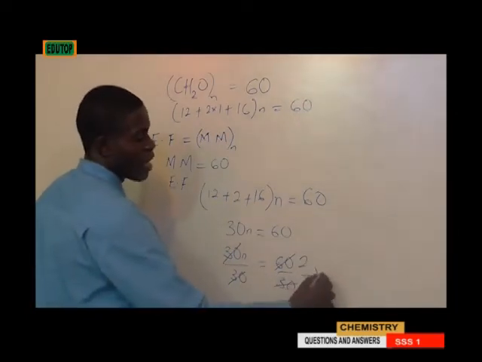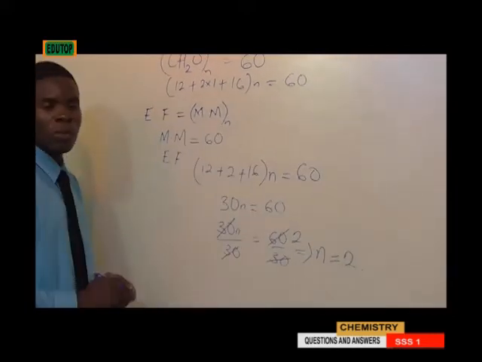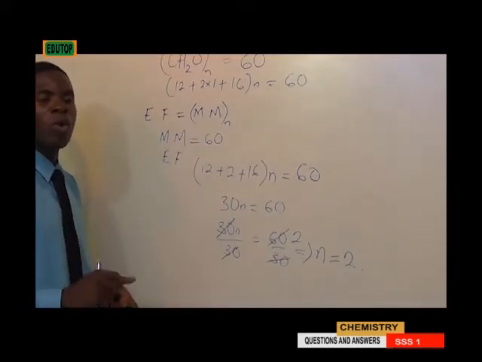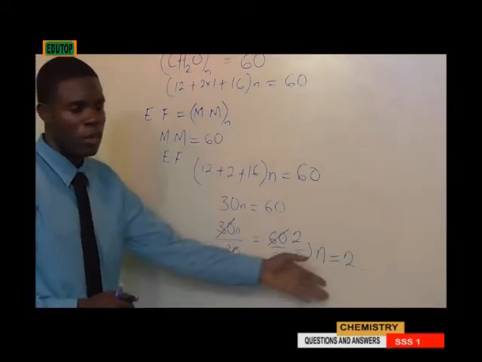Which implies that your N is now equal to 2. Calculate the whole number of atoms. Therefore, the whole number of atoms is 2.